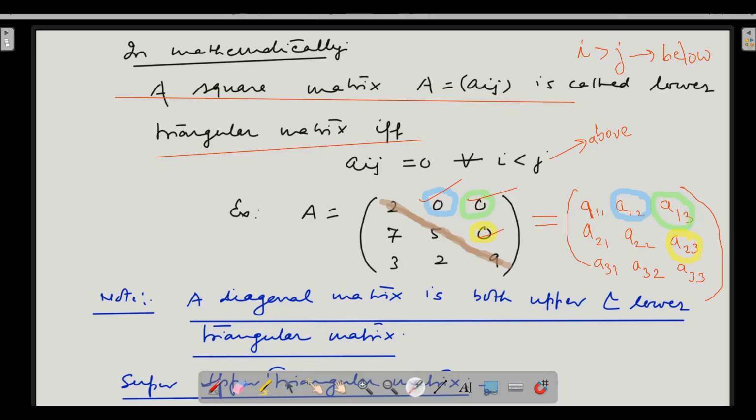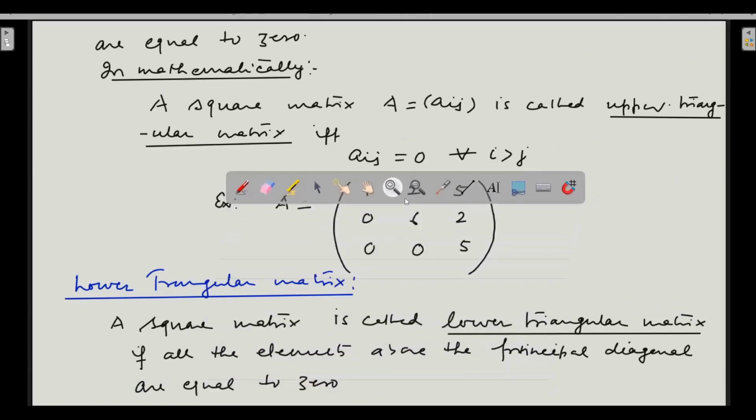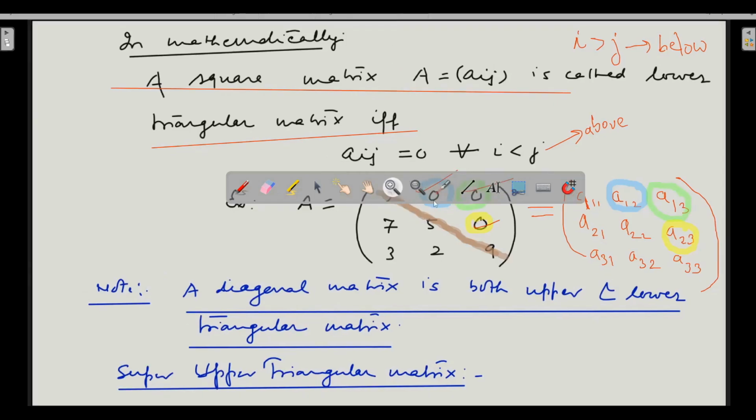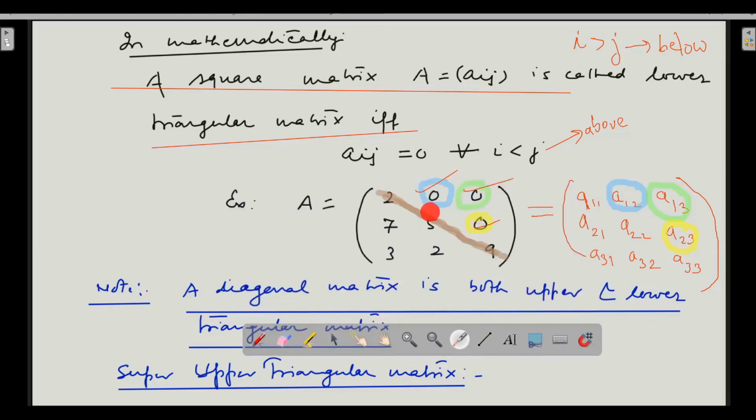So in terms of words, we can write: a square matrix is called lower triangular matrix if all the elements above the principal diagonal are equal to 0.